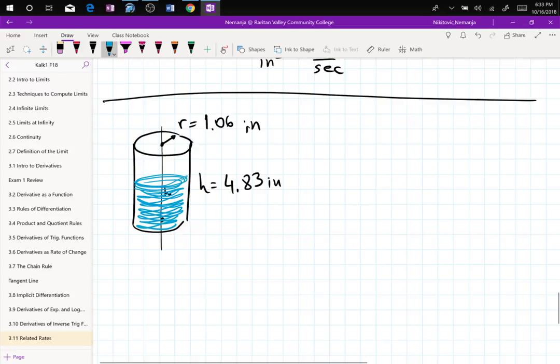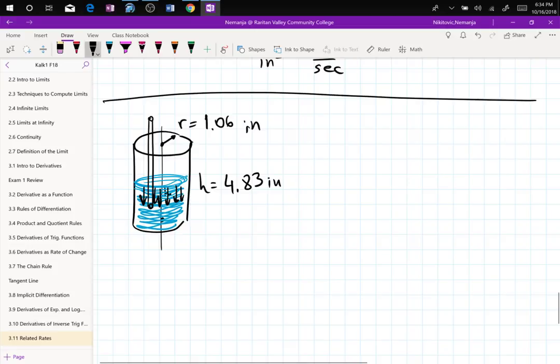Anyway, so we have stuff in here, and then you have a straw in, and you take a sip. What happens as you take a sip? The level goes down, right? The level would go down.